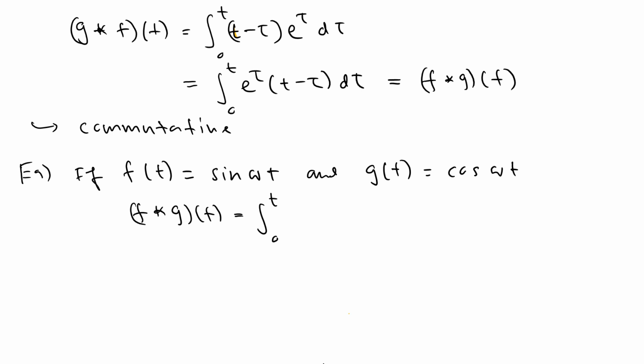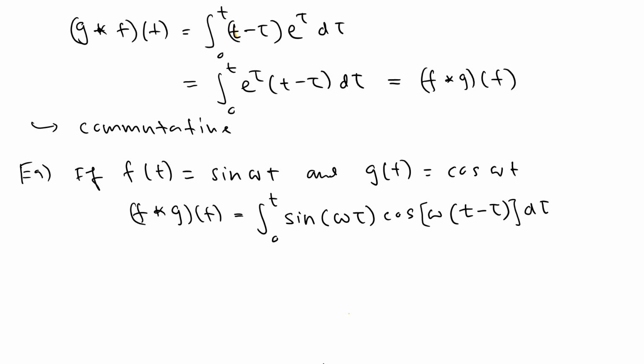We're going to put tau in one of them and t minus tau in the other. So I'm going to write sine of omega tau times cosine of omega (t minus tau). Again, it doesn't matter which one, d tau. So that's what we get.